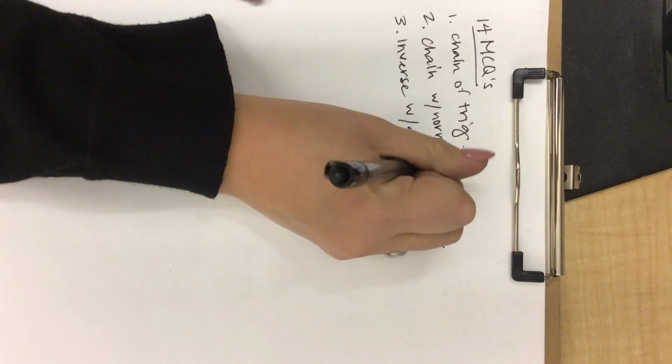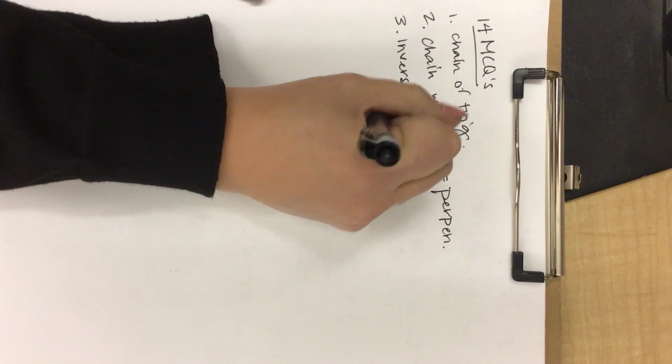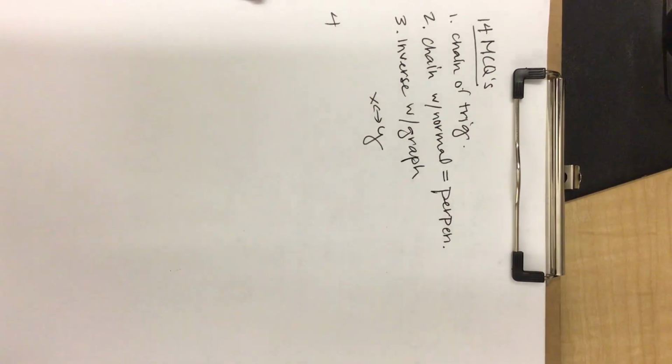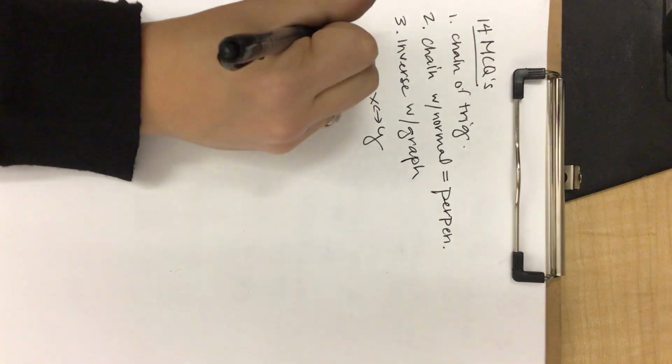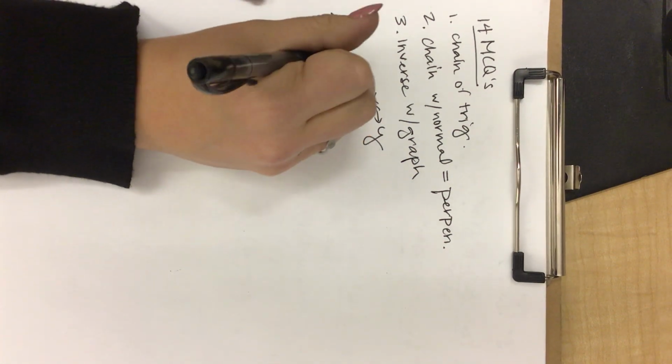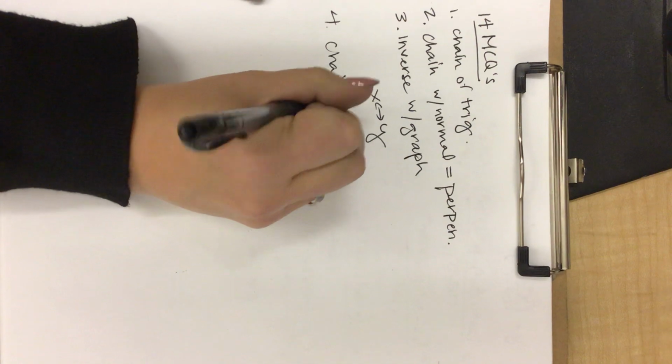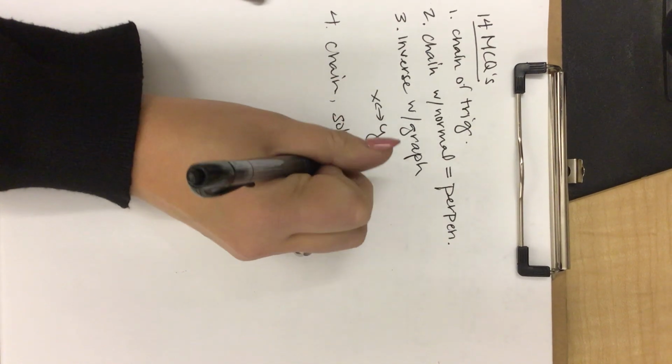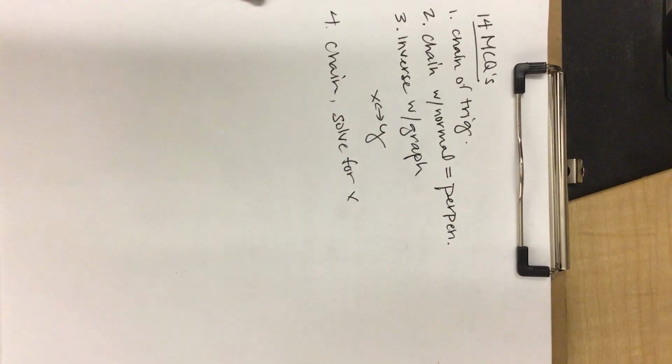Okay. And remember, x and y switch. Number 5, it's a chain, okay, but I want you to solve for x, and I bolded that. Okay, instead of plugging in, I need you to figure out when it equals the derivative that I gave you.